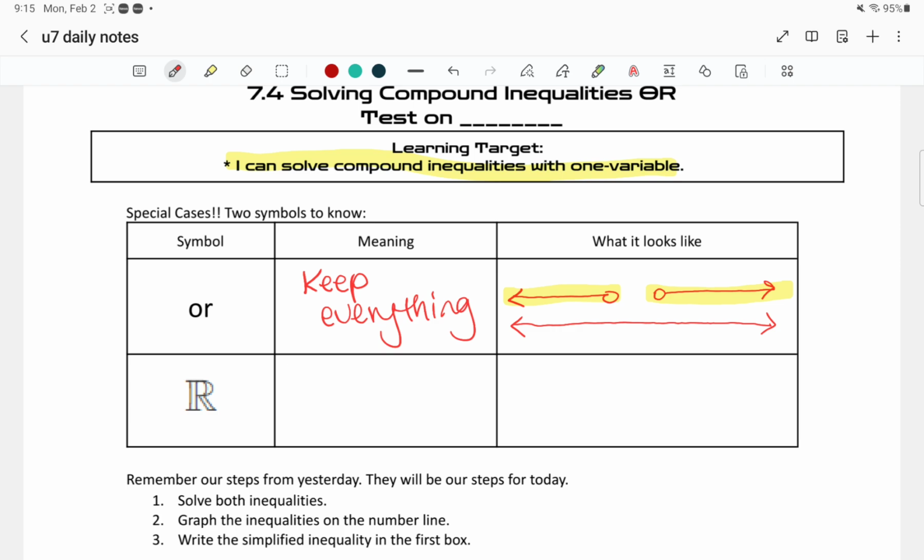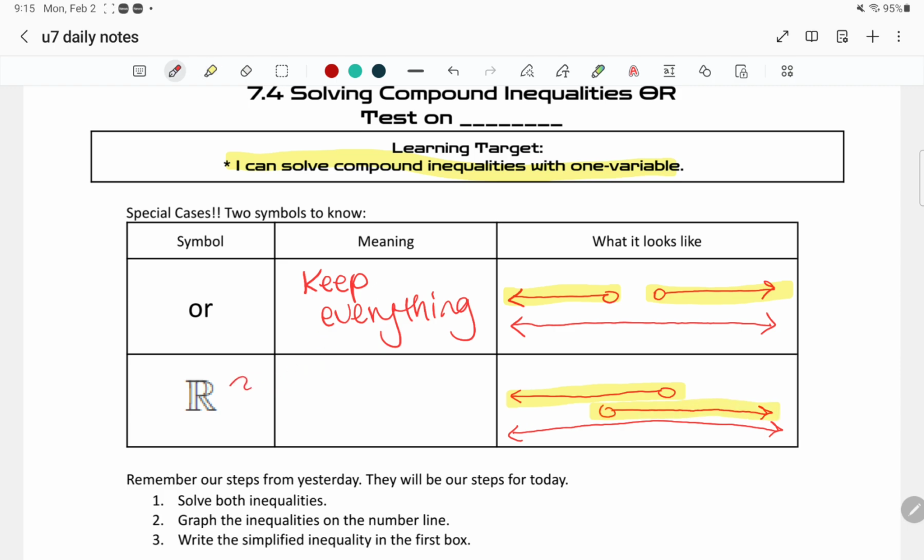So when I had and, if I never had a spot where they both were there at the same time, I had no solution. But if I have a spot where everything's there, so think of it as like the complete opposite. If I've got no gap, I have 2 arrows going forever in each direction. I'm going to keep it all because that's what it means when I say or. I have no gap. I have everything.